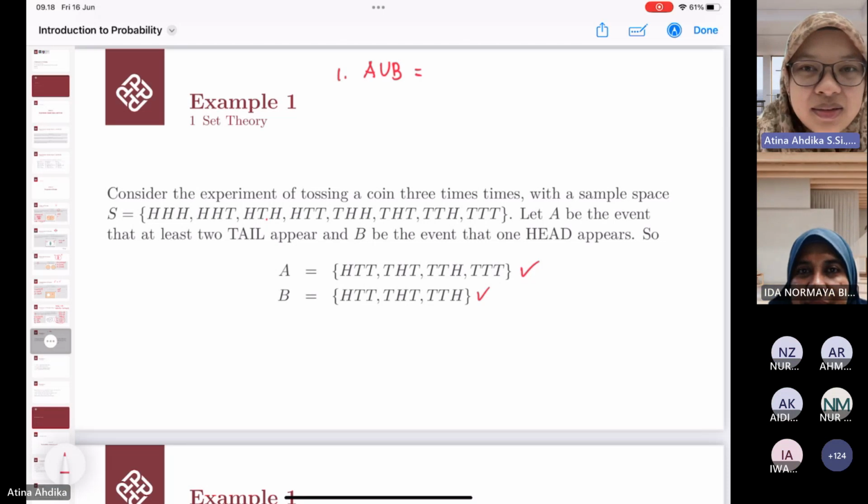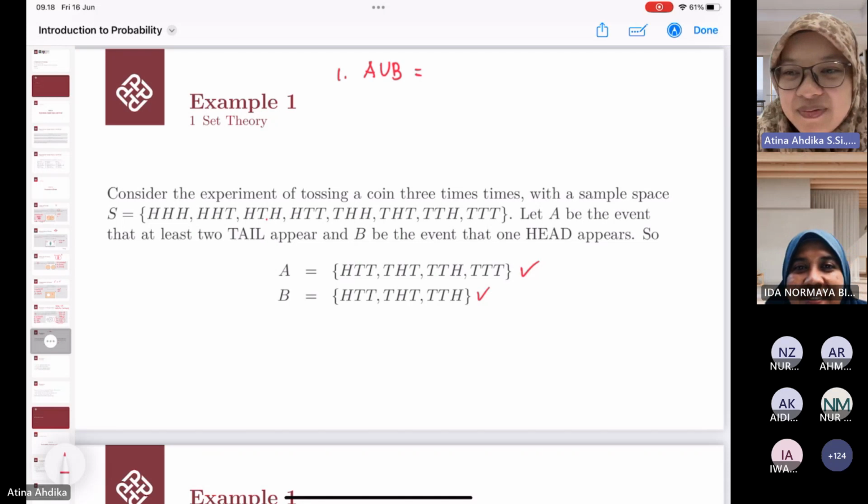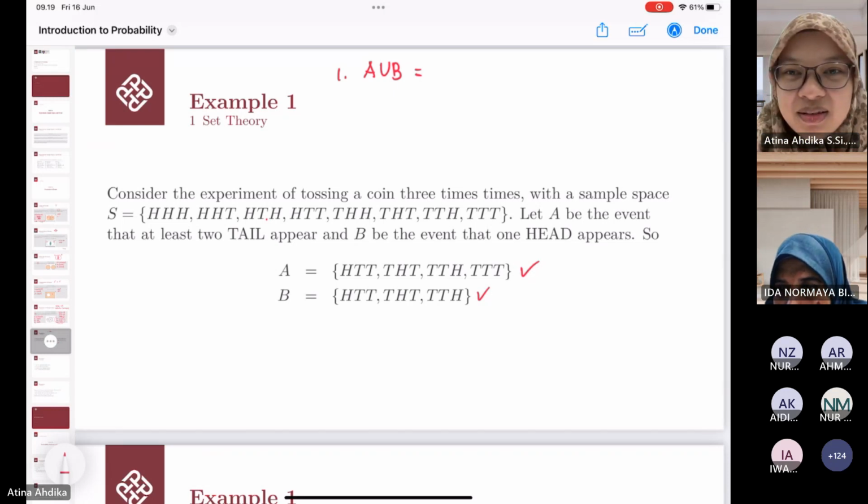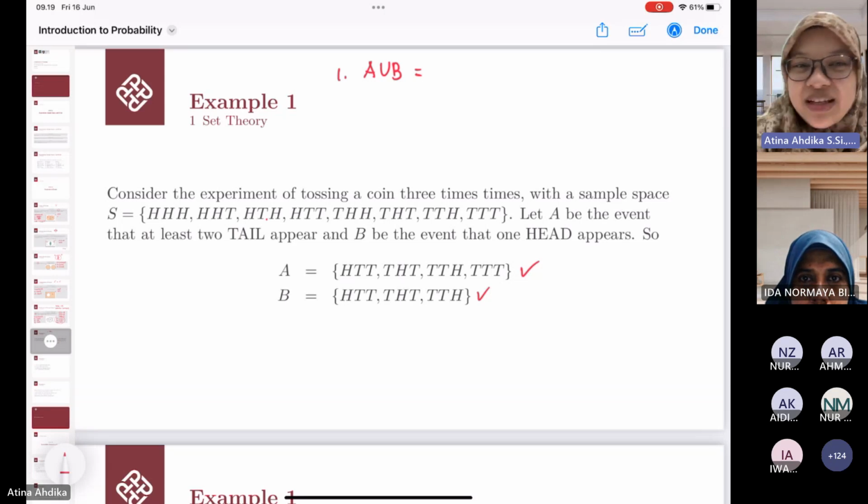Anyone with the answer? Who is speaking here? Please say your name and then answer my question.